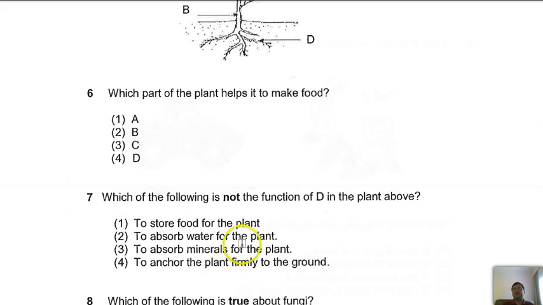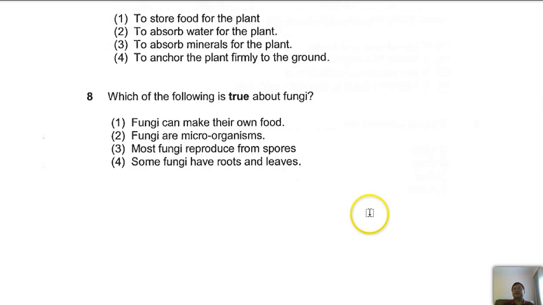Let's carry on. Which of the following is true about fungi? Fungi can make their own food. Wrong. Only plants can make their own food, so I eliminate this. Fungi are microorganisms. You just cannot have this statement.